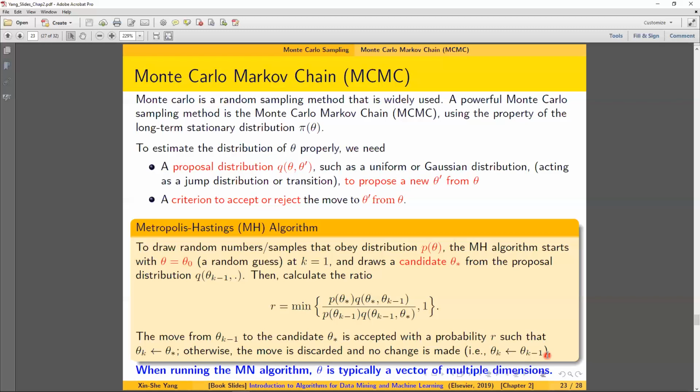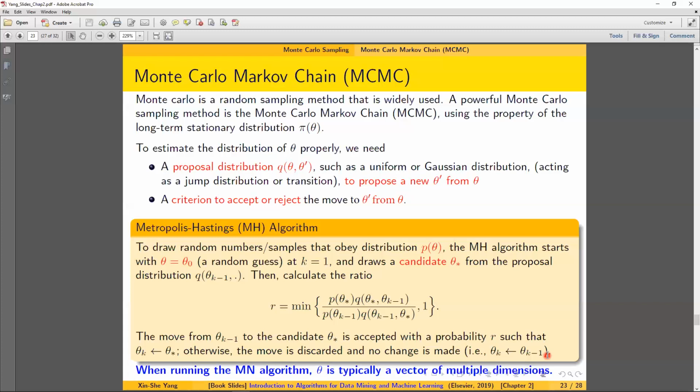The move from theta k minus 1 to candidate theta star is accepted with a probability of R, such that we can update theta k to be theta star. Otherwise, the move is discarded and no change is made from theta k minus 1 to theta k.